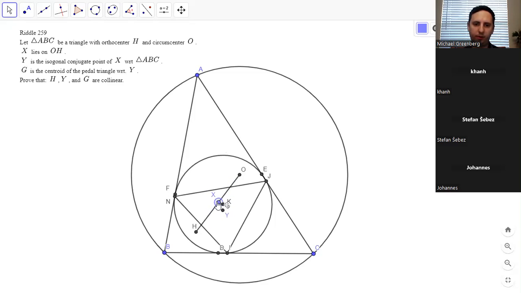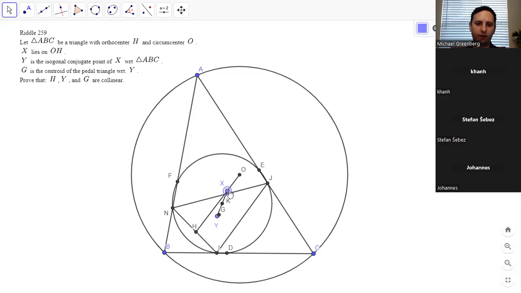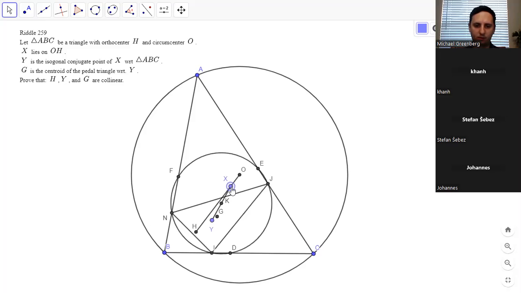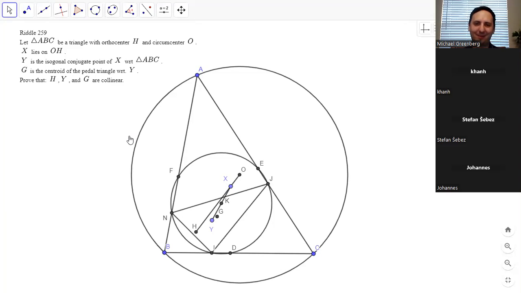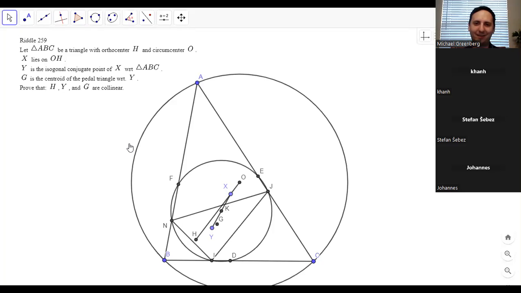So for the 9-point center, the isogonal conjugate of the 9-point center is the Kosnita point, right? So let's see, Ryan. Complex coordinates. Now, you all know that I prefer synthetic solutions, but is there a good way to do complex numbers with isogonal conjugates?